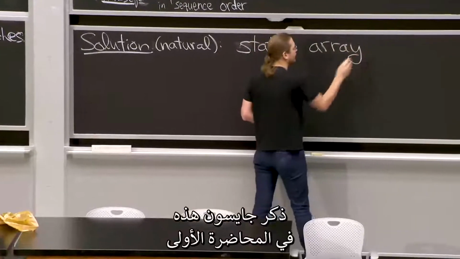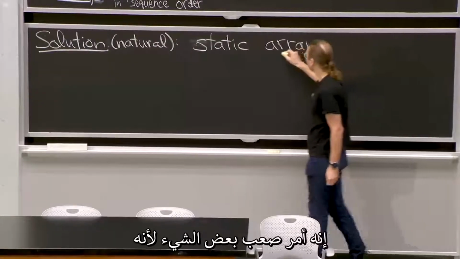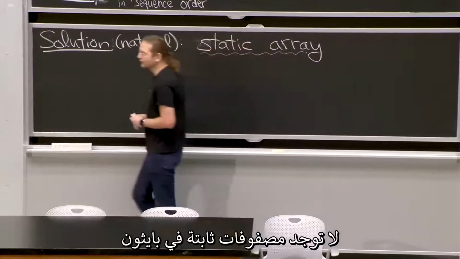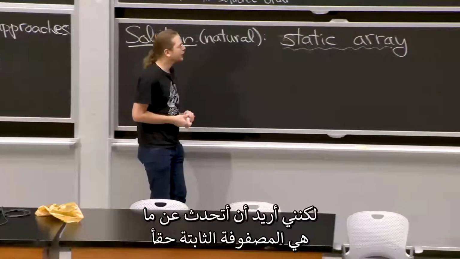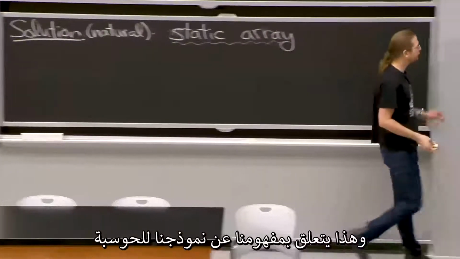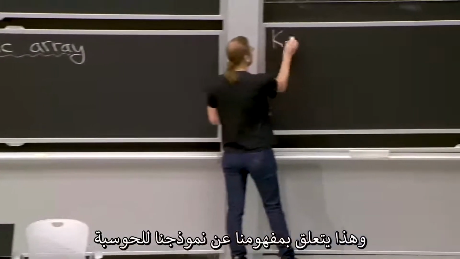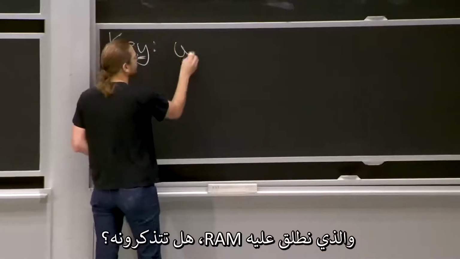Jason mentioned these in lecture 1. It's a little tricky because there are no static arrays in Python. There are only dynamic arrays, which is something we will get to. But I want to talk about what is a static array really. And this relates to our notion of our model of computation, which Jason also talked about, which we call a word RAM.